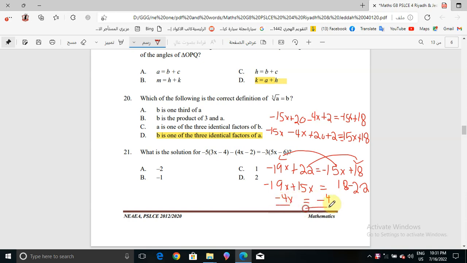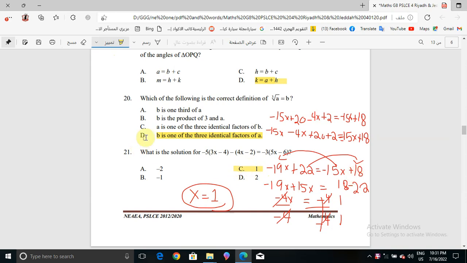Then divide over negative 4 and negative 4, cancel negative with negative, and you will get 1 and 1, so x is equal to 1, which is in choice C. That means choice C is the correct answer for question number 21.